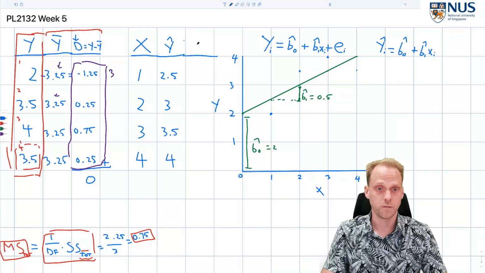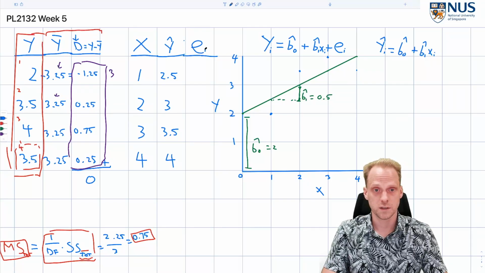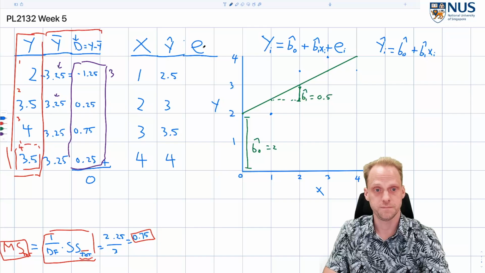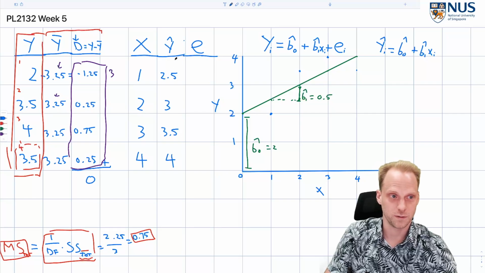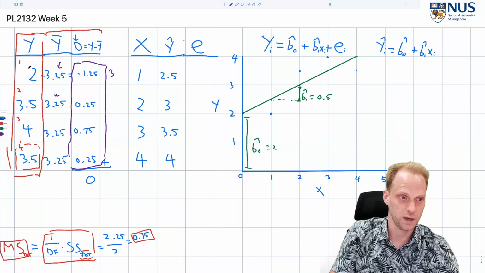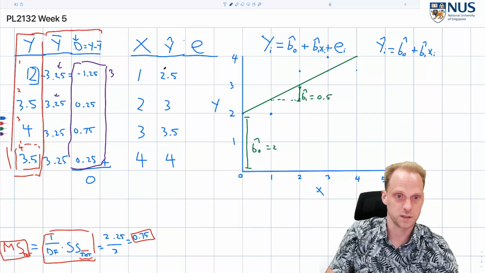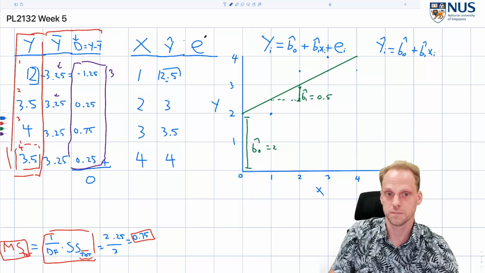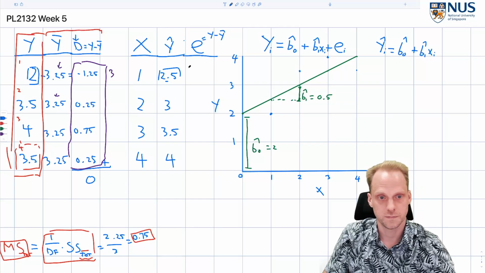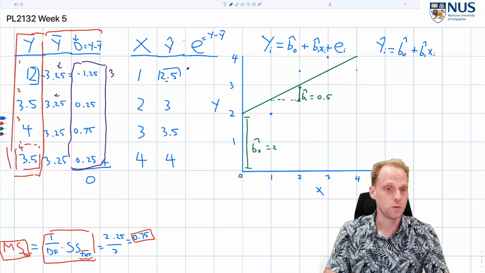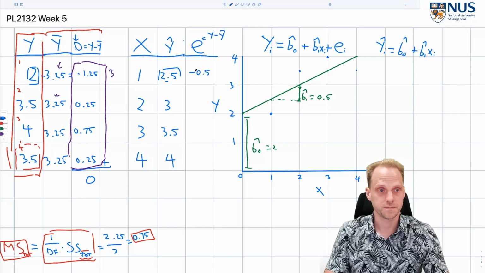After we do that, we can now calculate these error terms, which is again, not x, of course, it's y minus y hat. In this case, it would be 2 minus 2.5 equals minus 0.5.